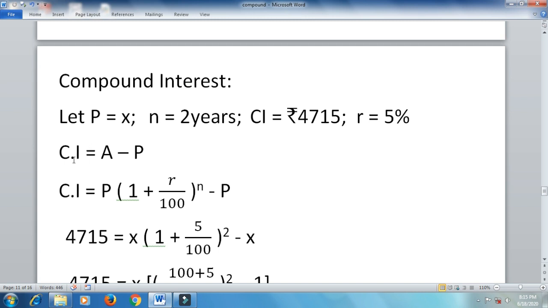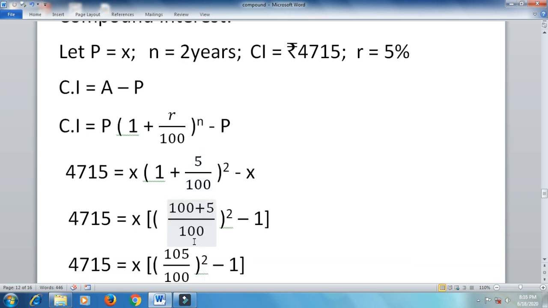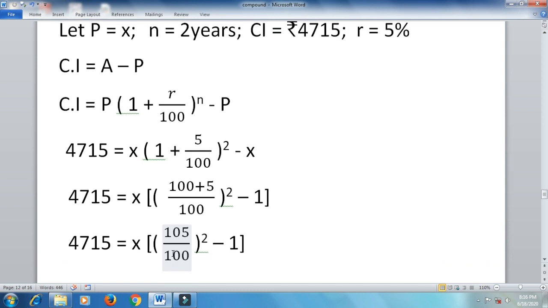Let us use the formula. Compound interest is equal to A minus P, that is P into 1 plus R by 100 to the power N minus P. R is 5%, N is 2 years. 1 plus 5 by 100, after simplification, results as 105 by 100, whole square. X is taken as a common factor in this step itself.